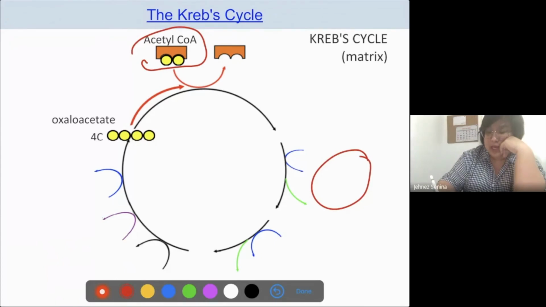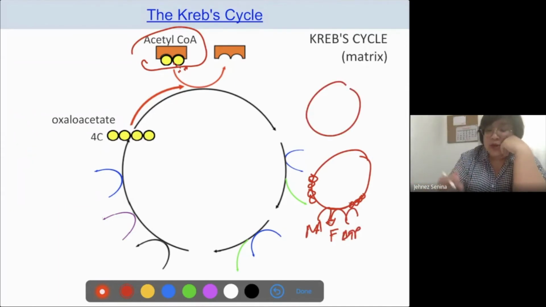Don't always assume that it starts from the top. It's a circle. It can be anywhere. So you look at where you have a 4-carbon molecule being converted into a 4-carbon molecule. 4 to 4, that's where you have your FADH. That's also where you have your NADH. That's also where you have your ATP.